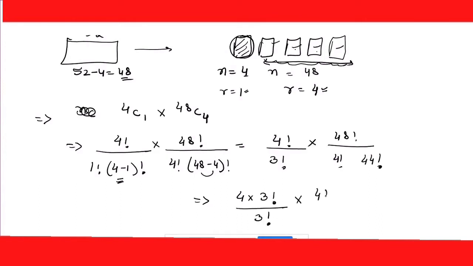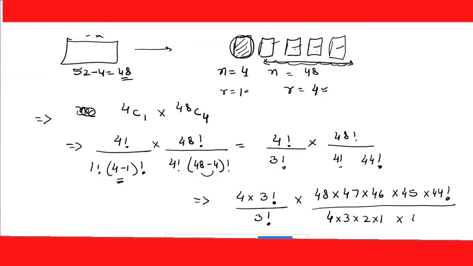Here we write 48, 47, 46, 45, 44 factorial. Now 4 factorial is 4 into 3 into 2 into 1. These get cancelled. Now you solve and tell me the answer.